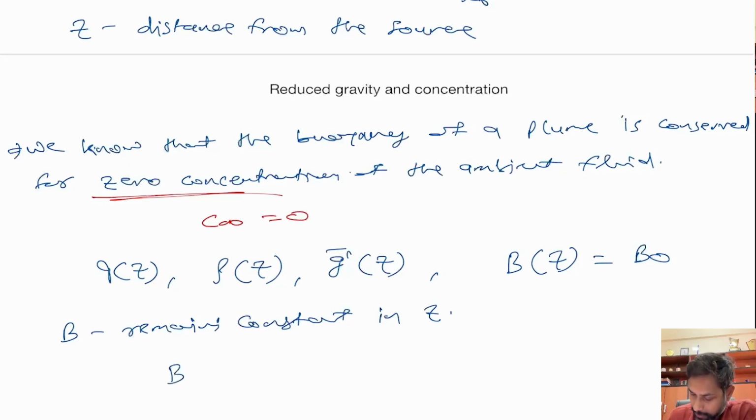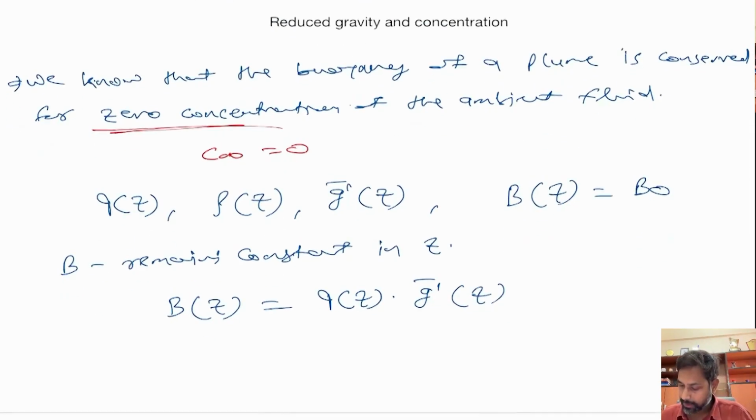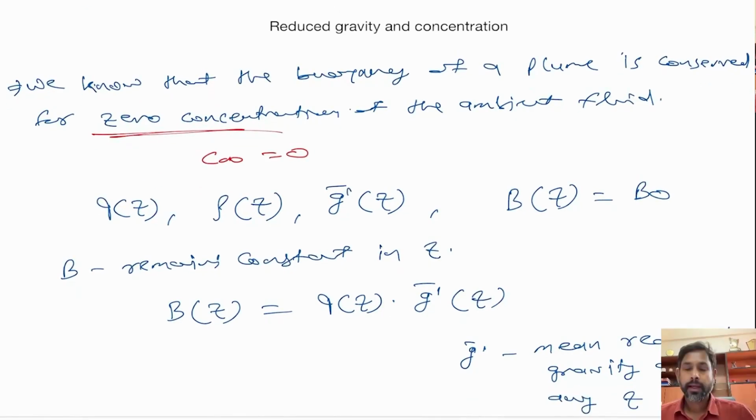And how do we define B? B of Z should be Q of Z times G prime of Z. Okay, and here we will call it G prime bar because this is the mean reduced gravity at any Z. Okay, and why do we call it mean reduced gravity?